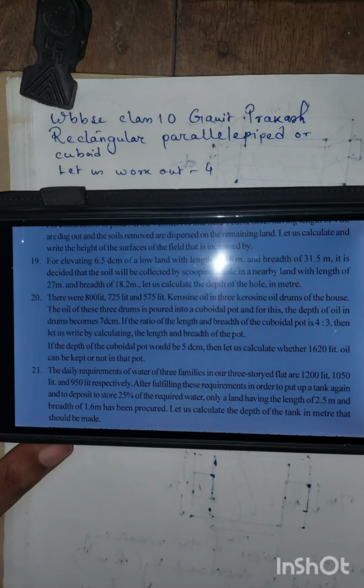Today we are going to solve questions from question number 19.